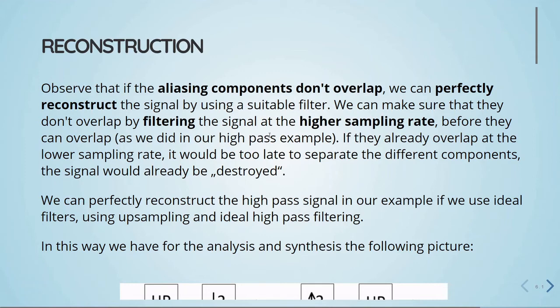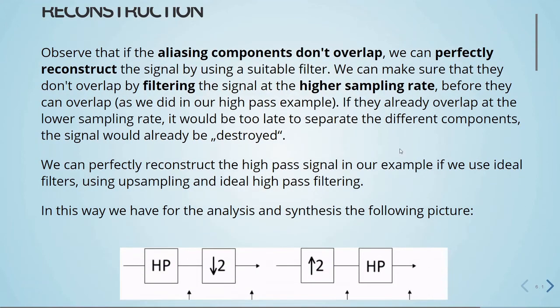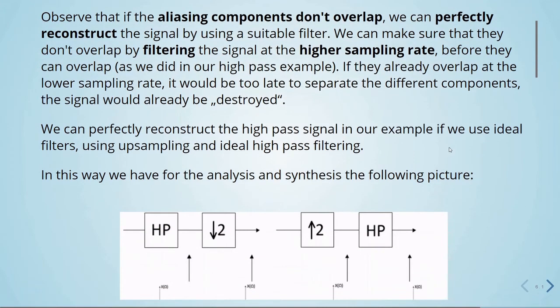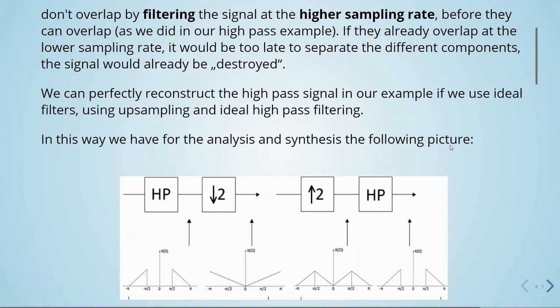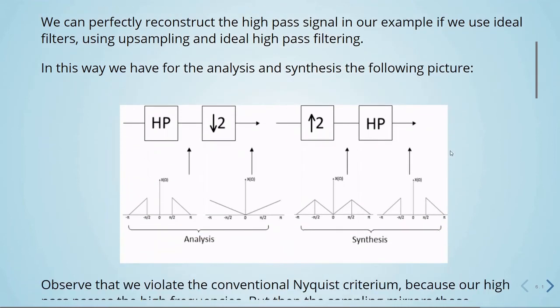If they already overlap at the lower sampling frequency, it will be too late to separate the different components, and the signal will already be destroyed. We can perfectly reconstruct the high-pass signal in our example if we use ideal filters, using upsampling and the ideal high-pass filtering.